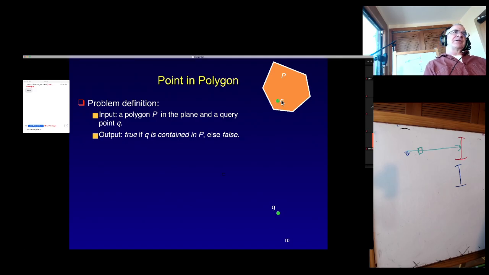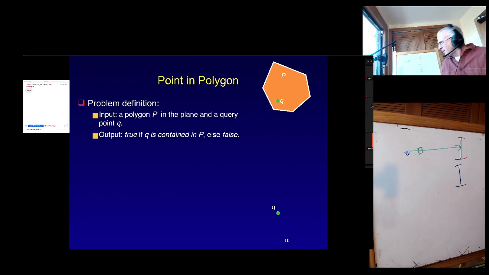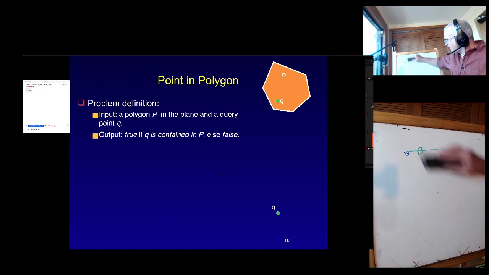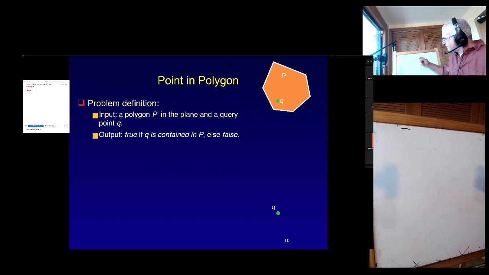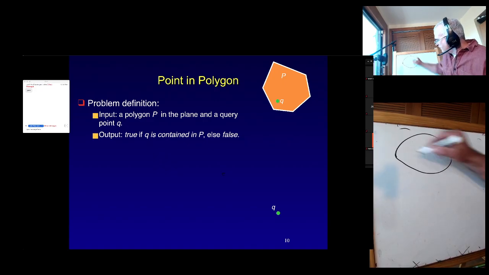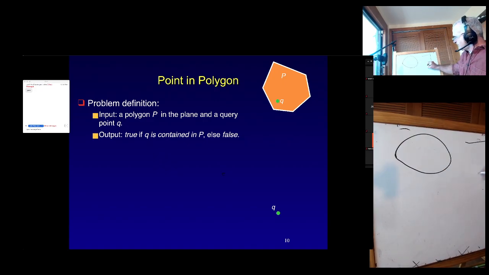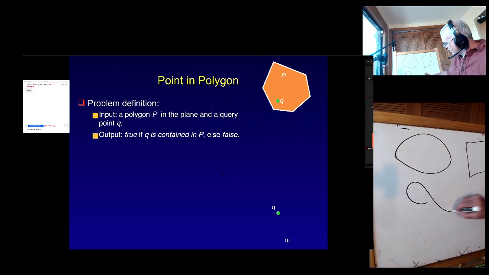We'll talk about it in the homework, but it's more technical if P is convex. What is convex? Convex means exactly what you're intuitively thinking about: this shape is convex, this shape is convex, and this shape is not convex.